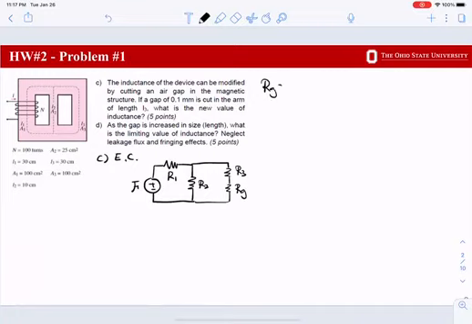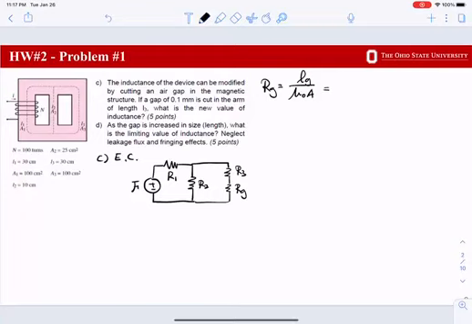The reluctance of the gap is the air gap length over mu 0 A. Here we assume that there is no fringing, so A is equal to this area.